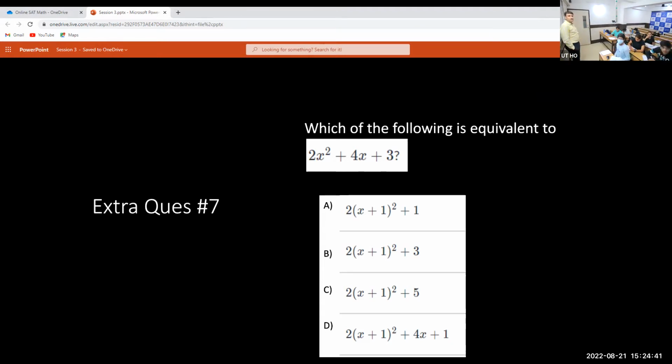Which of the following is equivalent to? This is again a SAT problem. A, B, C, D. So there is an expression given.